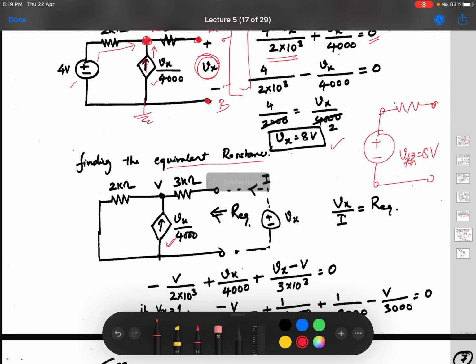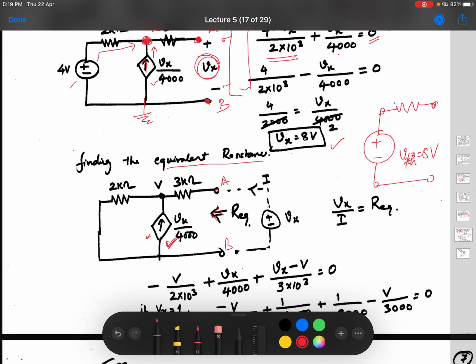Now, can you calculate R equivalent seeing into terminals A and B? If it were only a set of resistances connected arbitrarily, then you could always calculate R equivalent by doing parallel combinations, star-delta, and so on. But whenever a source is there, R equivalent is difficult to calculate directly, because it is a dependent source over here.